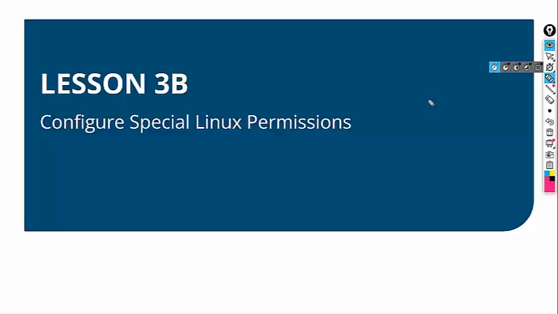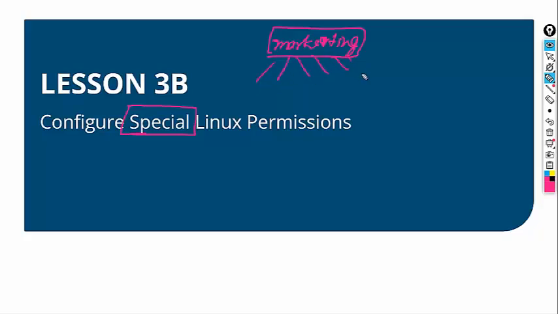But in this session, we will discuss a special type of permission. For example, there is a marketing group, and there are two members in the marketing group. When we implement a permission on the marketing group, it will automatically be inherited by all the available users inside it.